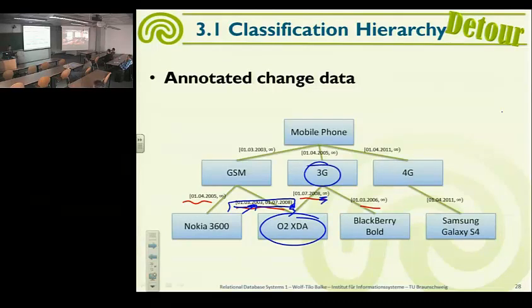And when you get a query, you direct it to the correct place. If you want to find out the total sales for this mobile phone regardless of whether it was a GSM or a 3G, then you would have to break the query into two parts.